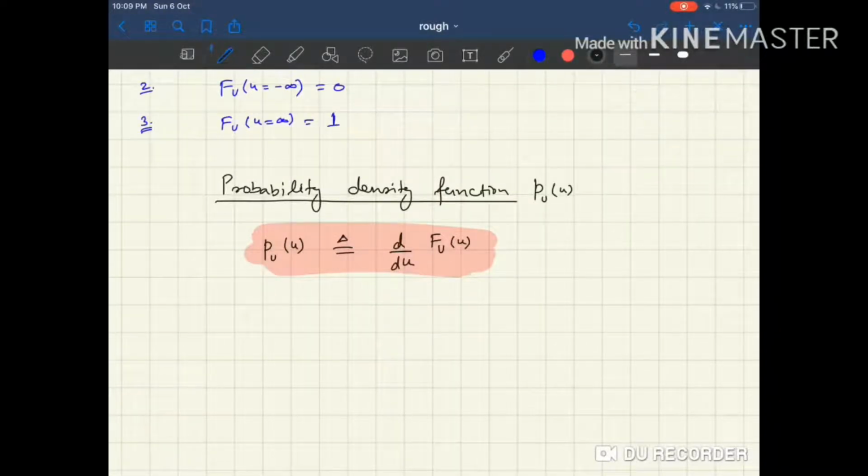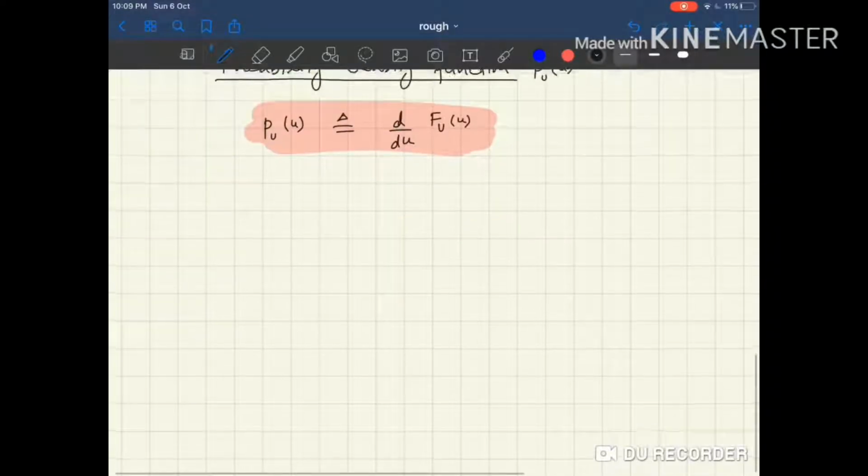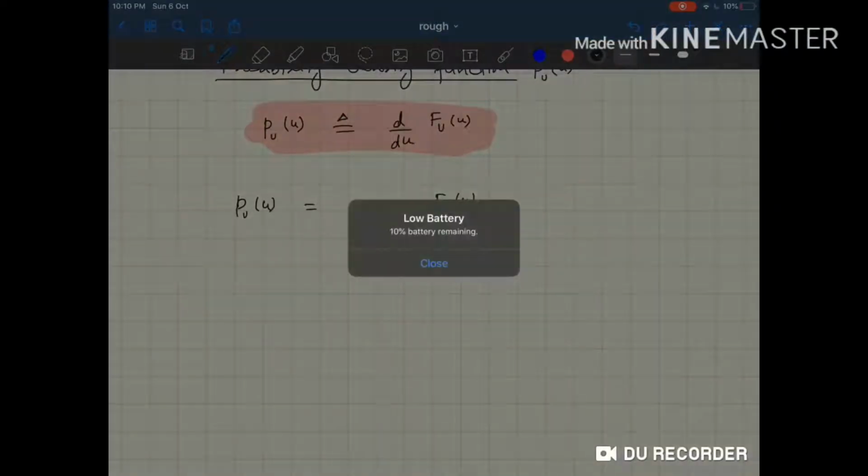To go to that level, we will start with the very elementary definition of derivative. So we write p_U of small u as the derivative of F_U of u. How do you define derivative?